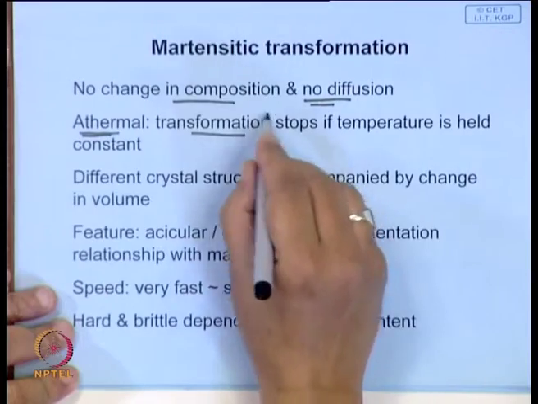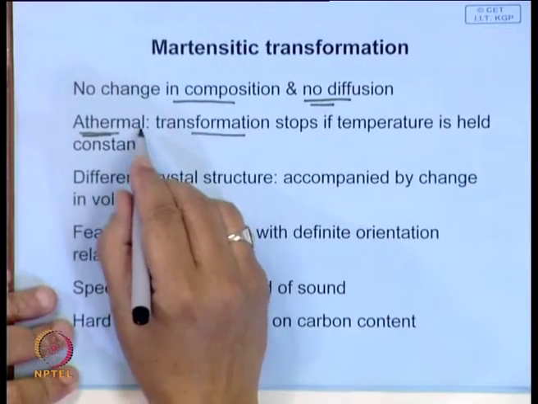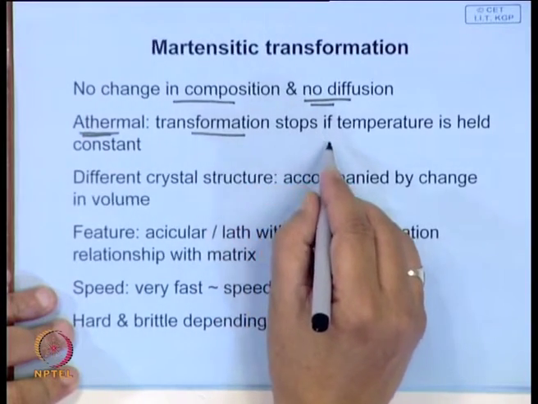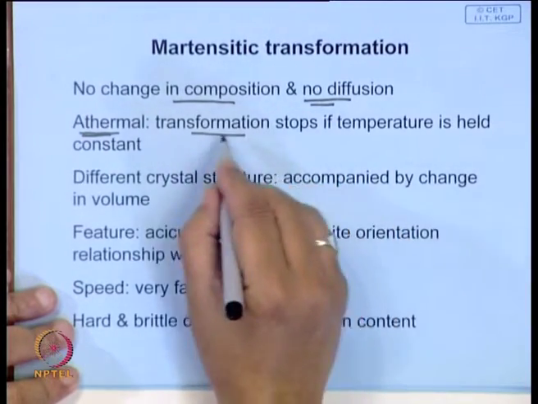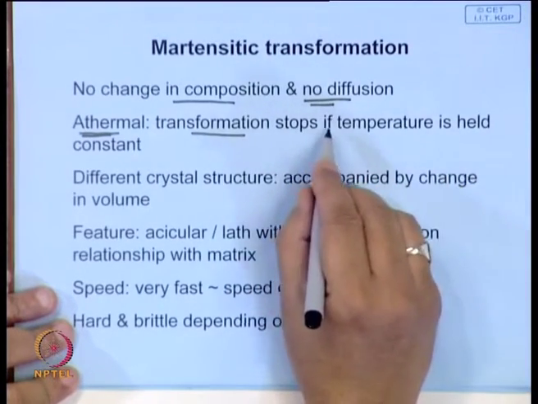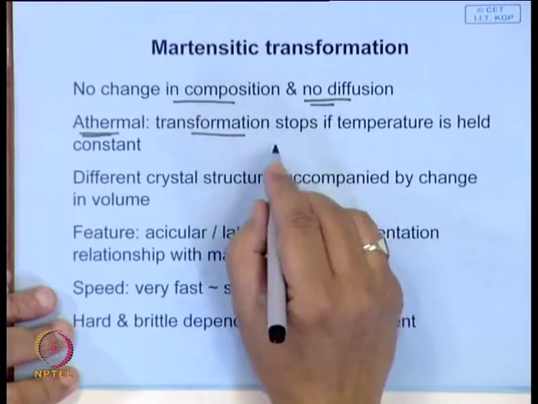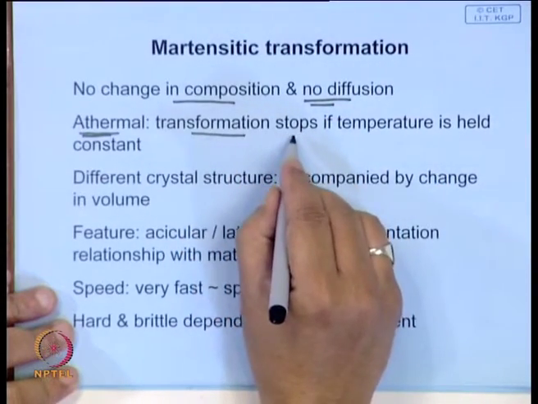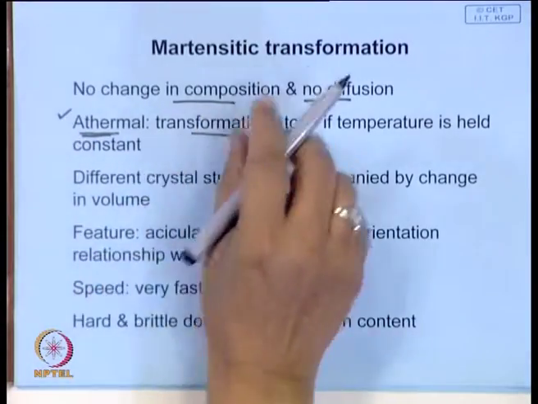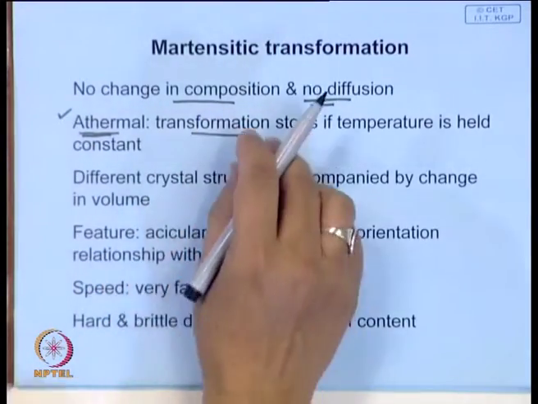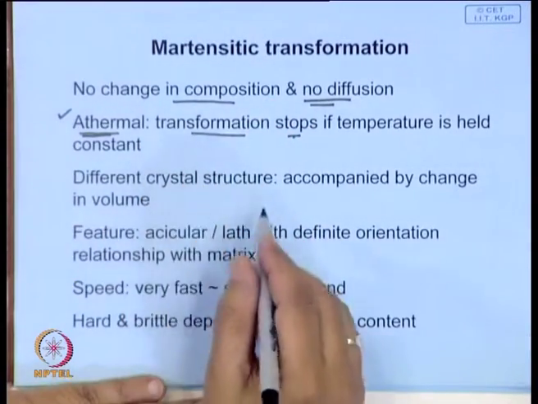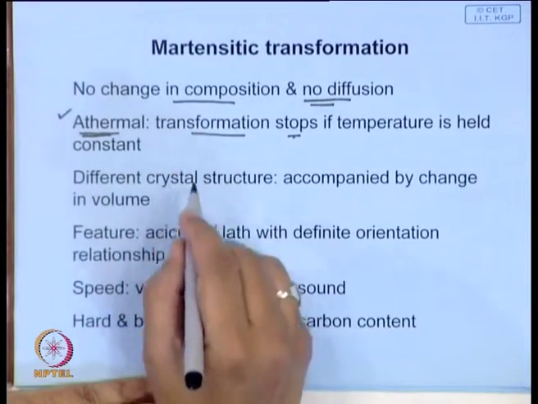It starts when the temperature goes below a critical temperature, and once that is crossed, it continues as long as you keep cooling. If you hold in between, then the transformation stops. This is the athermal character of martensite, and this is specific to the iron-carbon martensite we are talking about. We will later see there are certain different varieties of martensitic transformation.